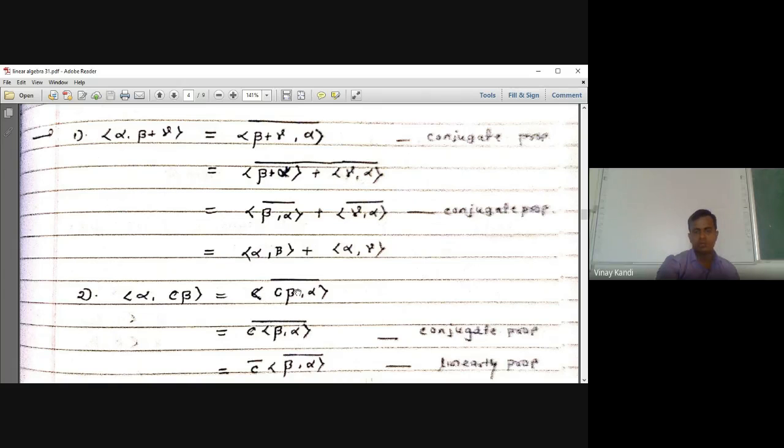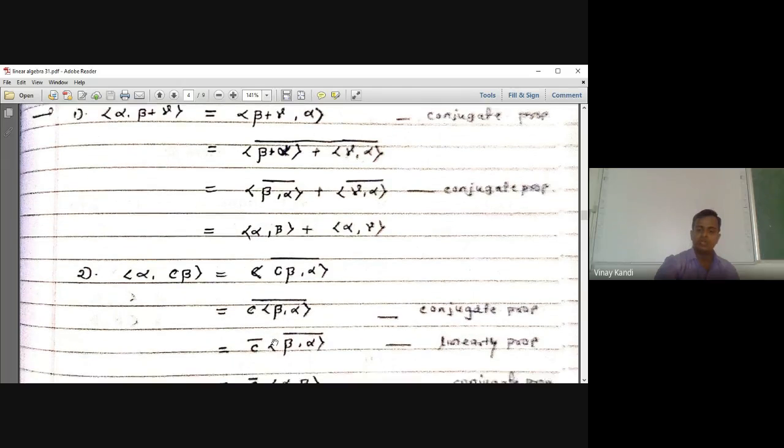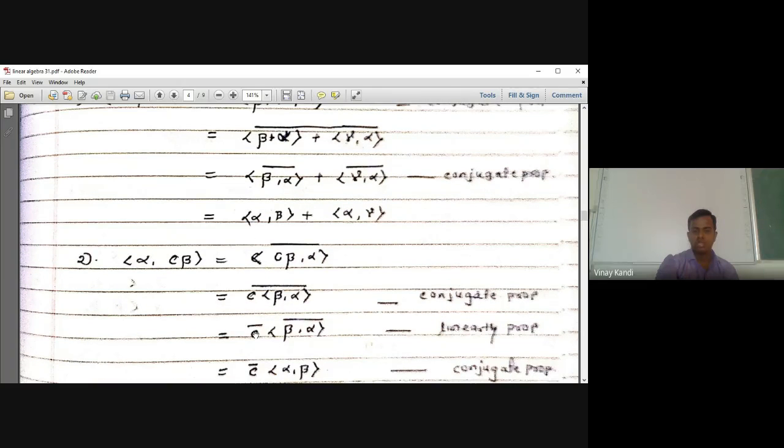This is by conjugate property, but by linearity property, c comes outside the inner product. So c into inner product of beta alpha, whole bar, then write this conjugate separately, which is equal to c bar into inner product of beta alpha bar.